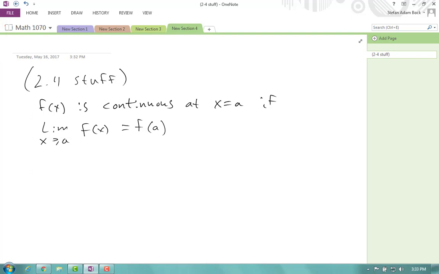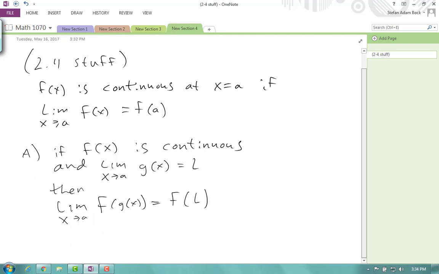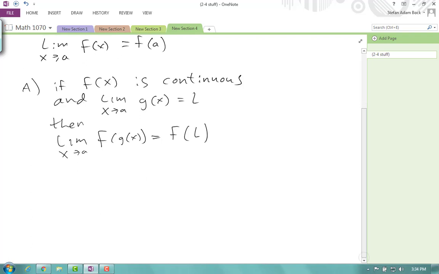And continuous functions are extremely valuable for limits because, a, if f of x is continuous and the limit as x goes to a of g of x is equal to L, then the limit as x goes to a of f of g of x is equal to f of L. This has the effect of allowing limits to pass through continuous functions.